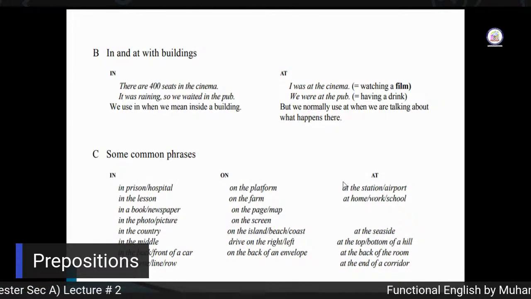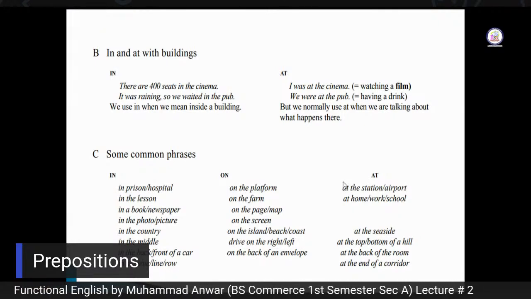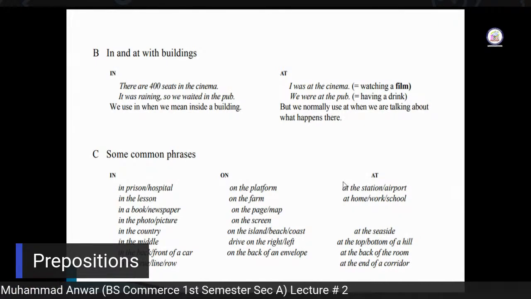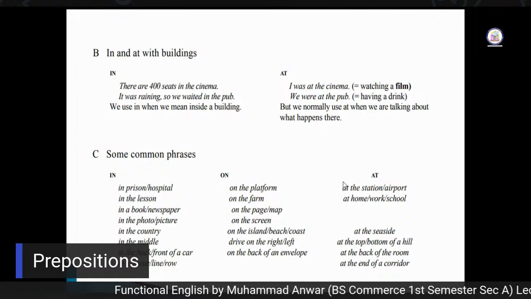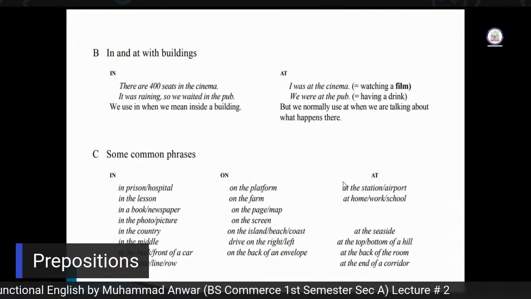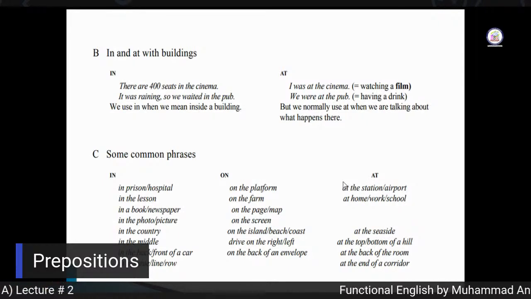Now, very interesting to note, I was at the cinema. Here it means watching a film. I'm talking about watching a film. अगर मैं ये कहना चाहूँ कि मैं फिल्म देख रहा था, तो मैं इस्तेमाल करूँगा at. इसी तरह से अगर मैं बताना चाह रहा हूँ कि मैं सिनेमा में मौजूद था, I want to talk about my presence, then I will use in.